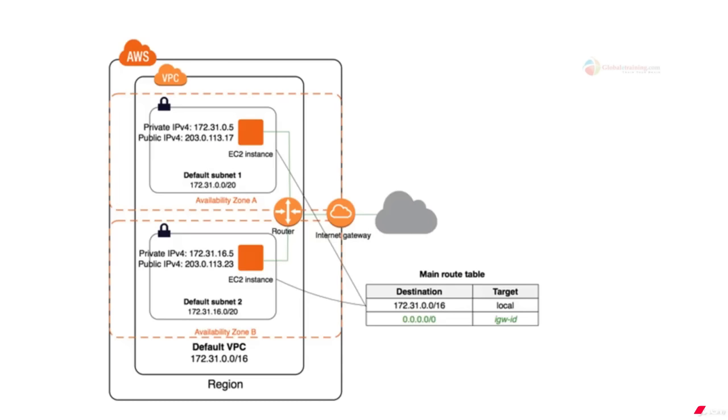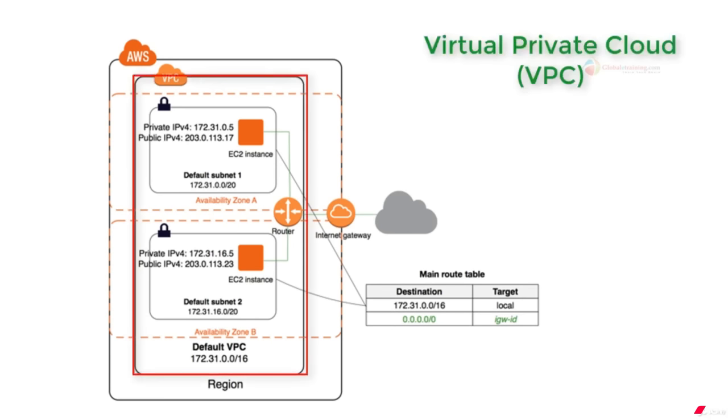Okay, here is a diagram, and here is a very high level representation of what really happened when you opened your AWS account. What AWS did is it created a default virtual private cloud for you, and it's sitting there ready to be consumed.